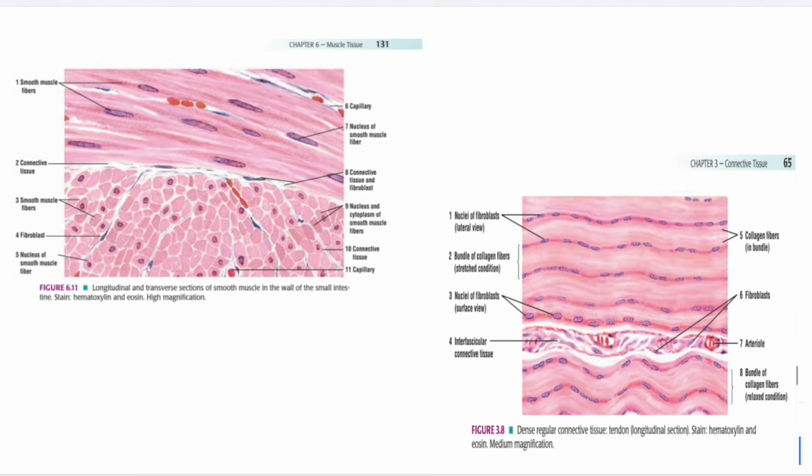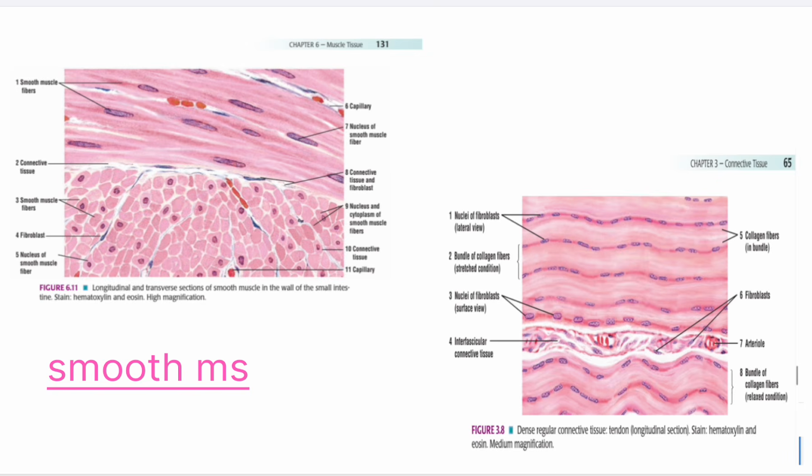This is a picture. The first one is of smooth muscle. Here you see the spindle-shaped cells with oval nuclei, and there are no striations here. So definitely it is smooth muscle.